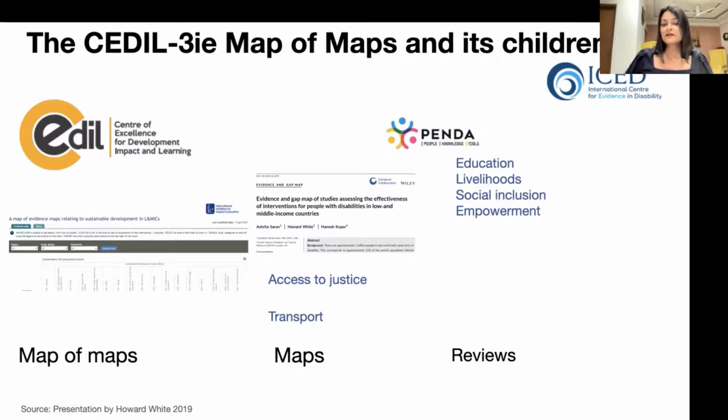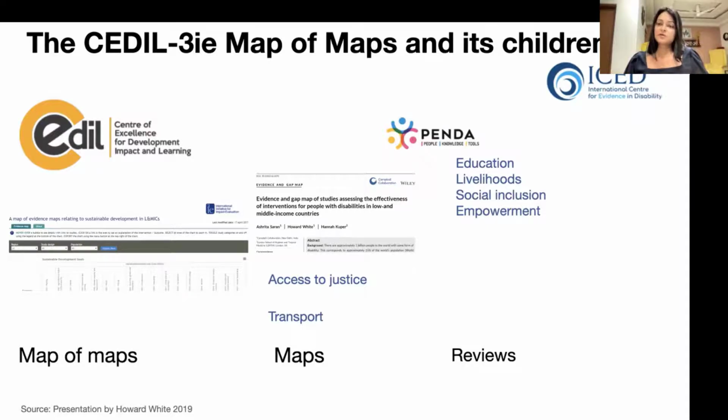With this in mind, we went ahead and produced four systematic reviews in this area. They are still ongoing, and one is in peer review. The four intervention areas identified as a result of this map were education, livelihood, social inclusion, and empowerment. All four reviews incorporated interventions that were specific to people with disabilities and also had outcomes that were specific to that subgroup.